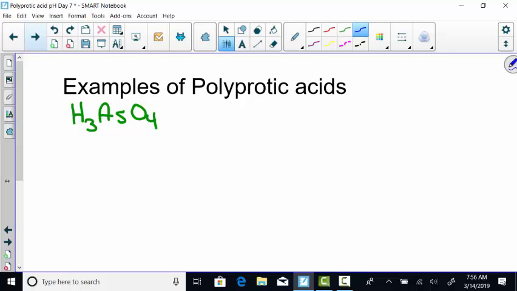And you should be able to tell me that that is arsenic acid, and it will give up 3 hydrogens. H3C6H5O7, citric acid, is another example. It will give up 3 hydrogens.